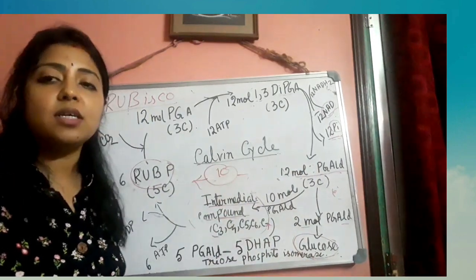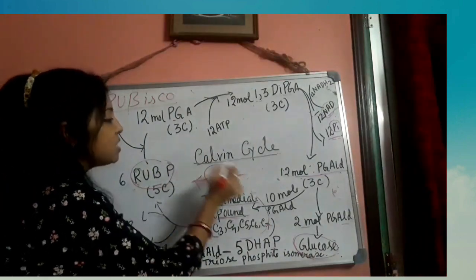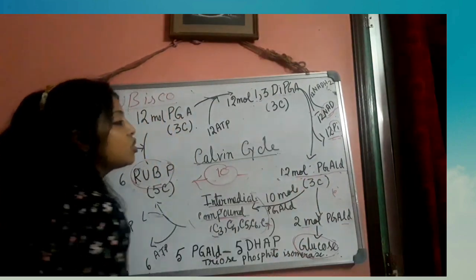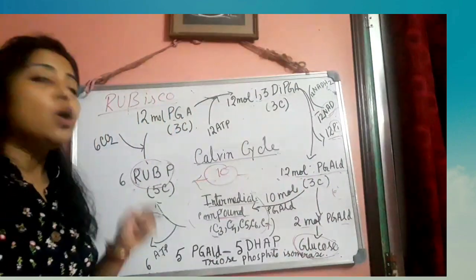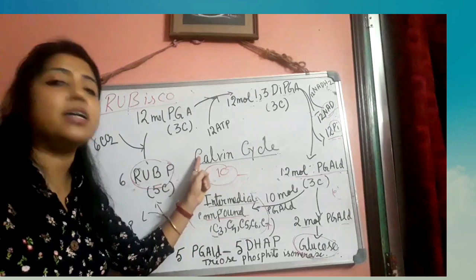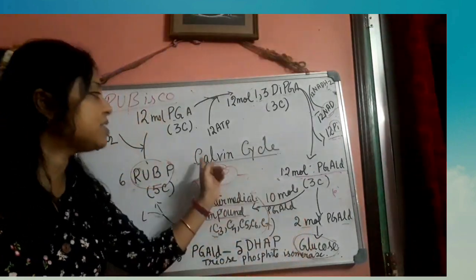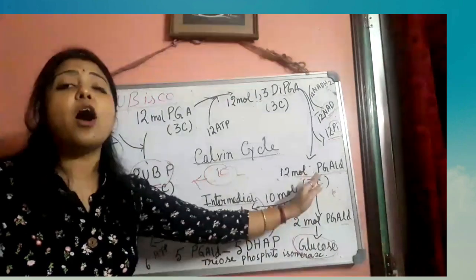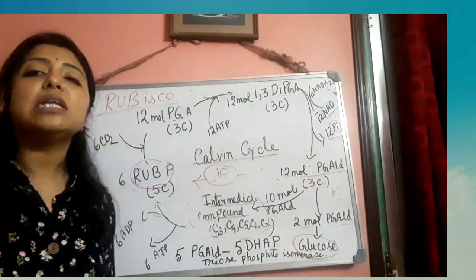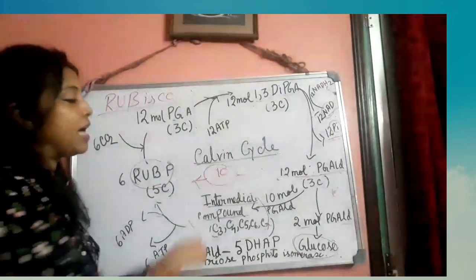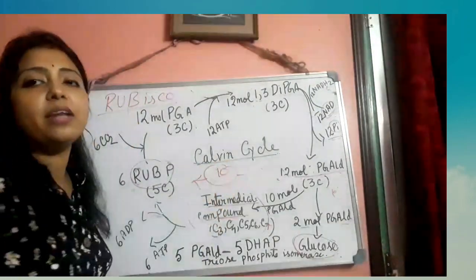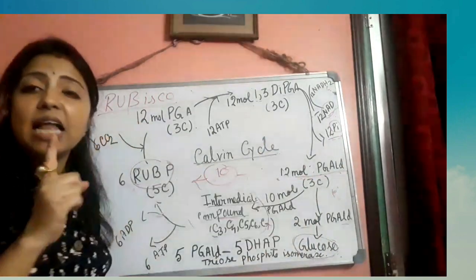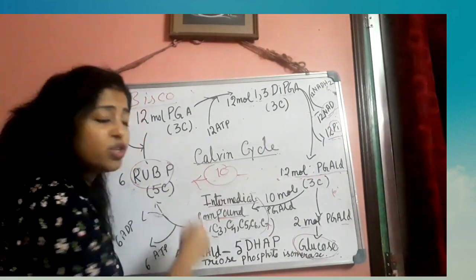And this process, the synthesis of glucose from two molecules of phosphoglyceraldehyde, was first explained by scientist Calvin. That's why the synthesis of glucose is known as Blackman's reaction.